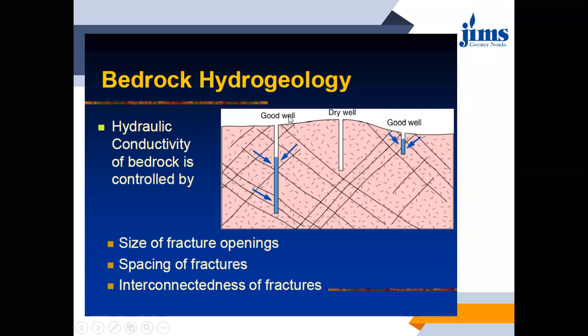See, in a similar way, how do you define electrical conductivity? The ability of any material or medium to transfer electricity or to carry the electric current, that is your electrical conductivity.